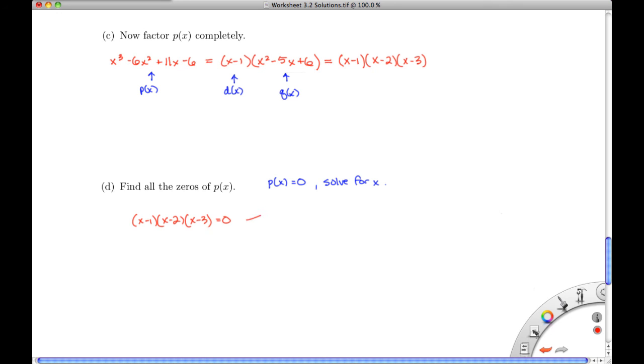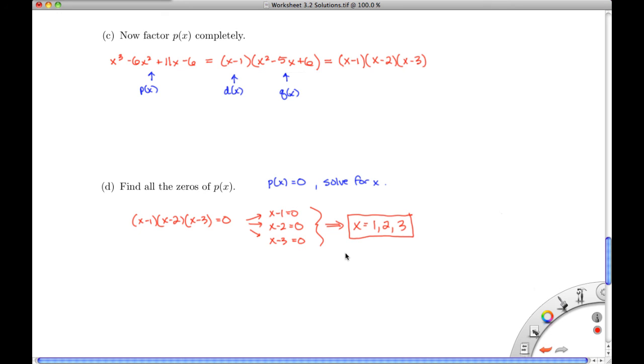So this implies that either x minus 1 is equal to 0, x minus 2 is equal to 0, or the factor x minus 3 is equal to 0. Taking into consideration these three possibilities, we know that the possible zeros of this function p of x would have to be x equals 1, x equals 2, or x equals 3.